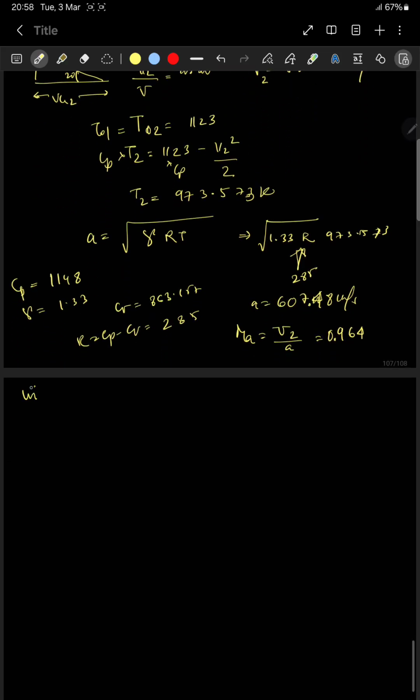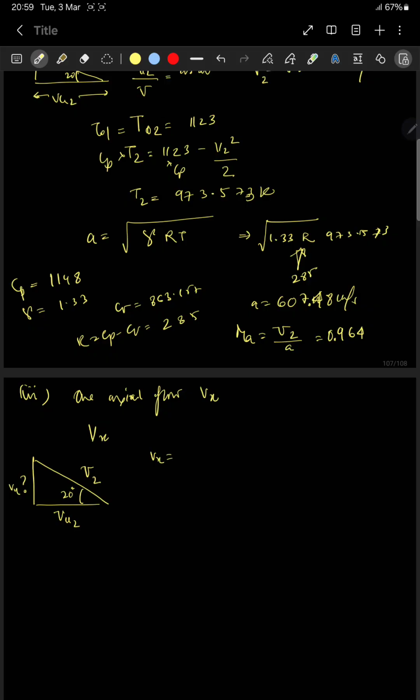Now the third question is the axial flow velocity. Very easy. Everything is given. This is 20 degree. We know VU2, we know V2. You have to find out this Vx.